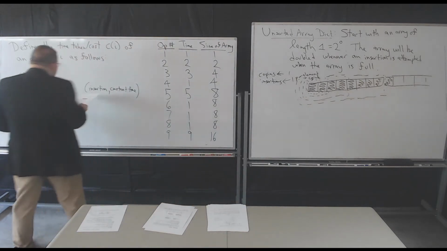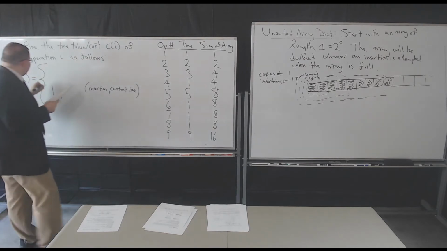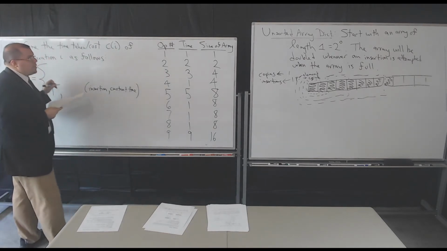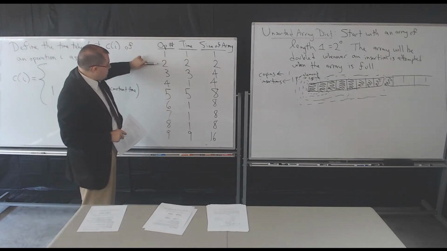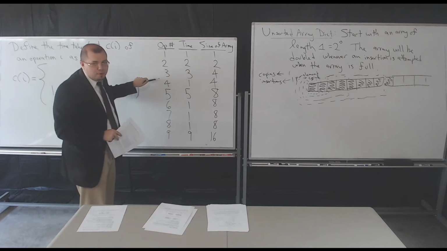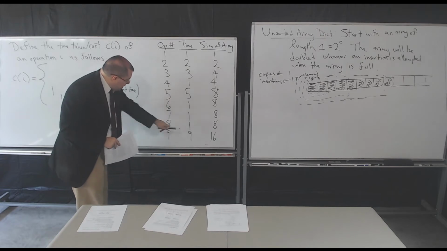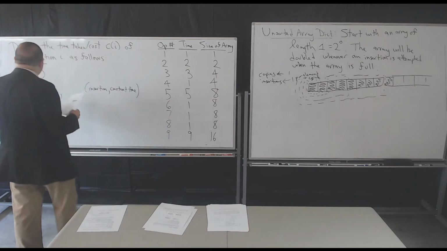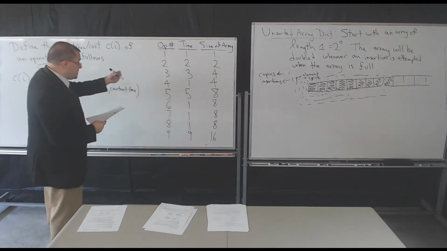However, how do we determine when this doesn't happen? By what does happen when it gets full, right? So how much work gets done whenever I have a resize occur? Okay, well, let's look. Every time you'll look at the row for which a resize occurs, and you'll say, okay, well, when operation 3 happens, that's when it's full. You'll see the time is exactly equal to the operation number, right? See that? 5, 5, 9, 9. So the cost is going to be the number of copies plus the insertion.